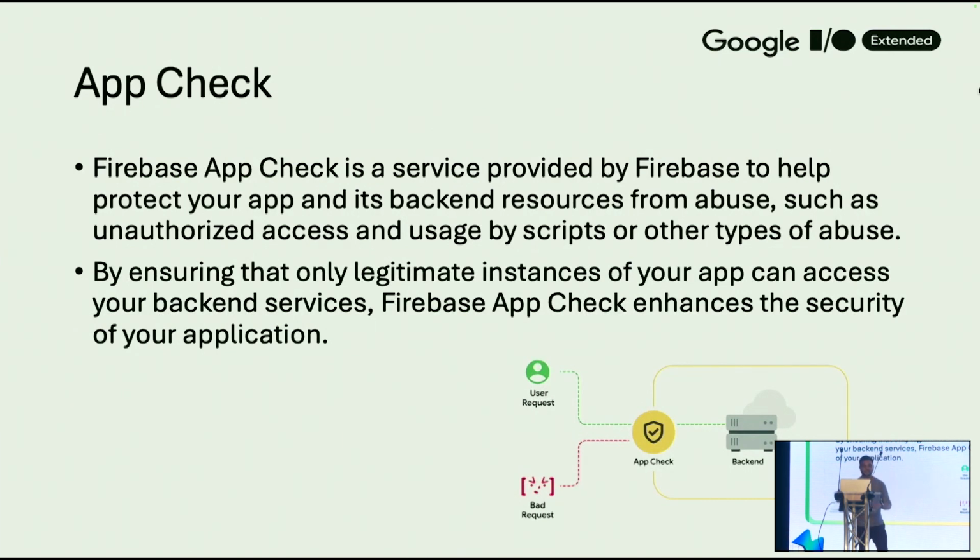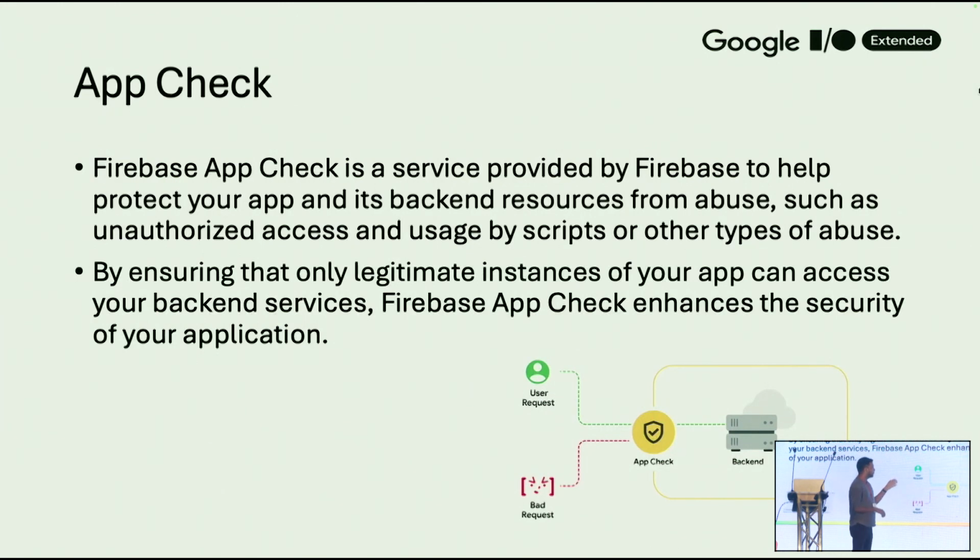Actually, we can use Firebase App Check. Let's say this is your app. It only recognizes whether the request is coming from the correct app. When you release your app, you have to sign it with your development key. If someone downloads your app, decompiles it, modifies your code, and signs it with their own key, then this won't work.